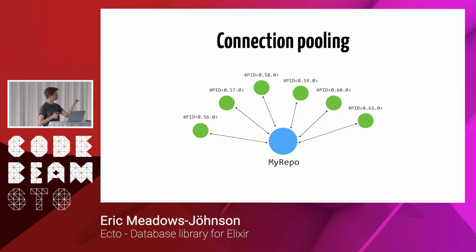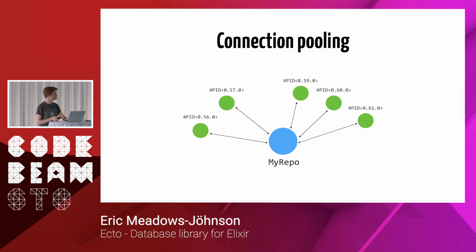We have a few connections open as processes. And they are linked to the underlying pool, which we call my repo here. If a connection were to go down because of a timeout, or because the process that is using the connection has crashed, and we need to clean up the connection state, we can handle that because they are linked, which is represented by the lines here.